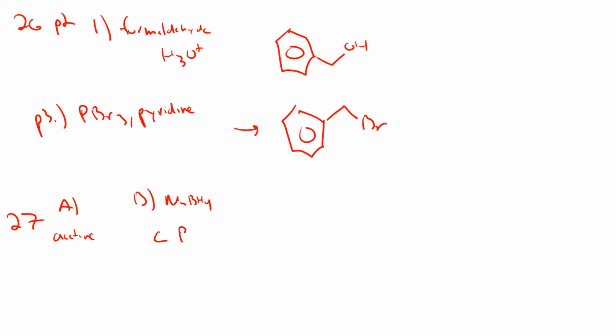C will be PBr3. Then D will be magnesium. E will be ethanoic acid or ethanol.